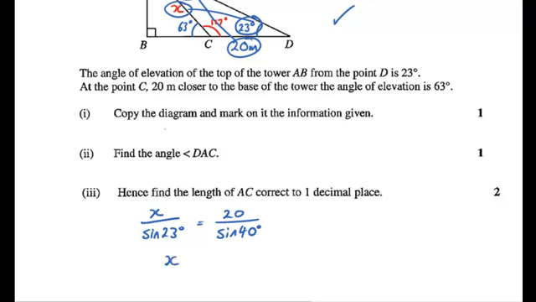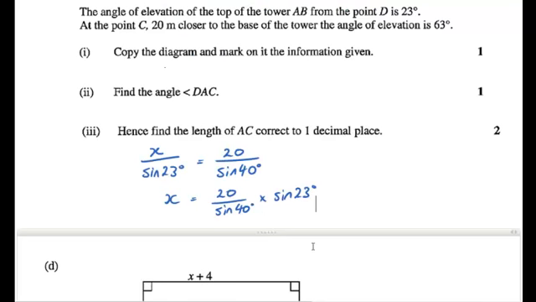So X equals 20 over sine 40 times by sine 23. And when you do that on your calculator, you should get that X is equal to 12.2 meters.